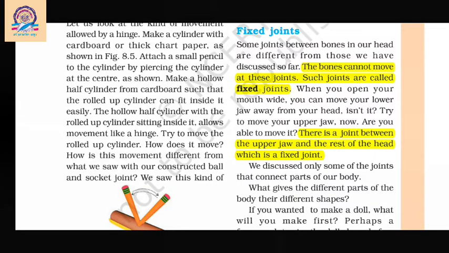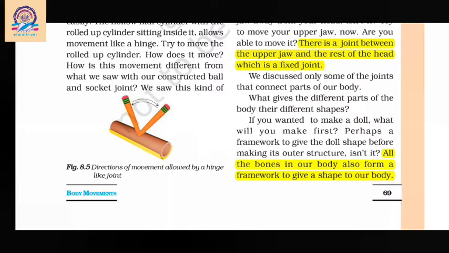Okay, bacha party? Now the next important topic is skeleton. So what is skeleton? You may have heard this word, but let's see what it is. All the bones in our body form a framework. A framework means a structure or a design. All the bones in our body form a framework to give shape to our body.